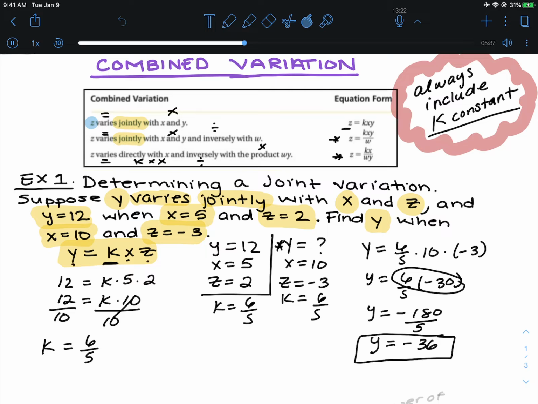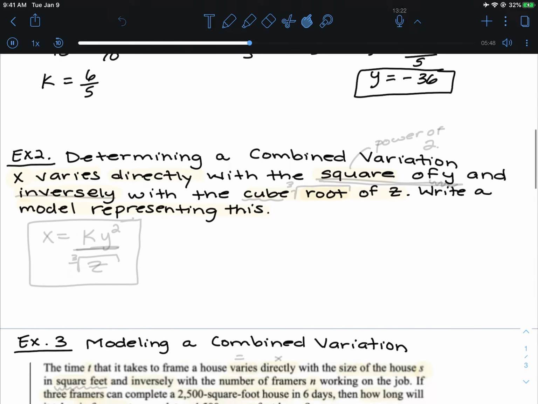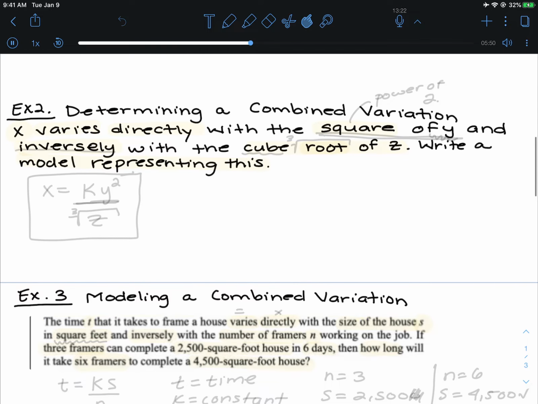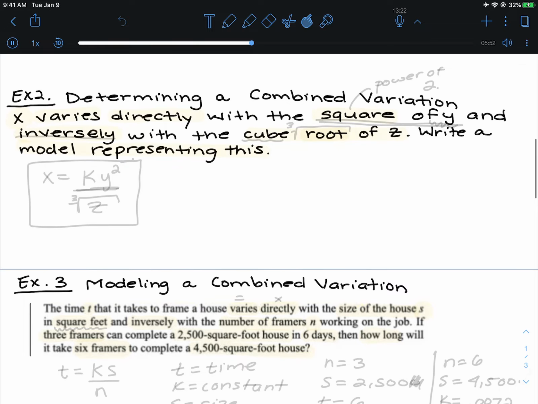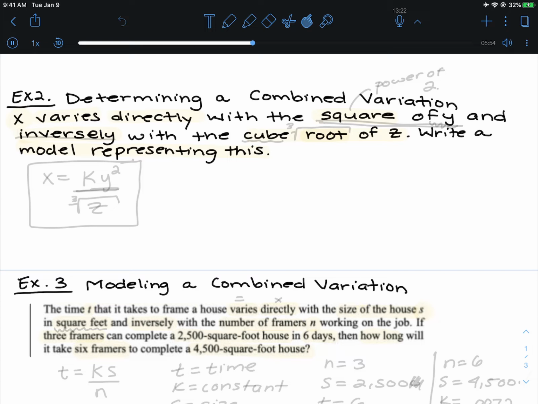Moving on to example number 2. For this one, determining a combined variation. We can go back here, combined variation, where we're combining jointly and inversely. That's what happens when you're doing combined: you're going to have more than one. This is literally just one variation. Here we're going to have multiple variations.